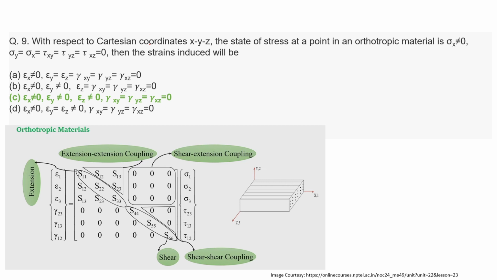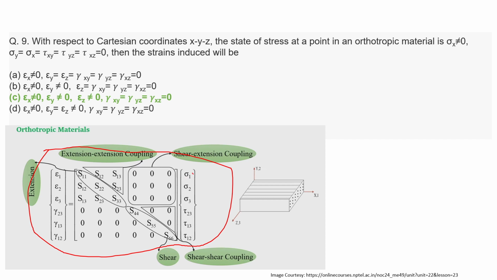So this is like solving the matrix form. For orthotropic material, this is the compliance matrix. Here it is giving us the relation between the strain and the stress by these independent constants. What is given in the question is that the stress in x direction, or you can say one direction, is not equal to 0.